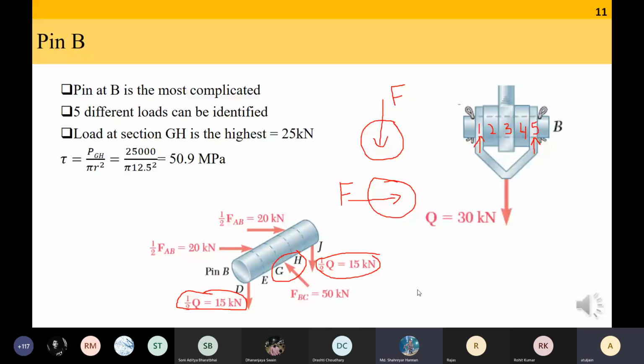Sir, how is it 25 kilonewton? Because this is a double pin. In GH, there are two surfaces which are opposing this load of 50 kilonewton. One is this cross section, the other is this cross section. We have to treat it like a double pin.